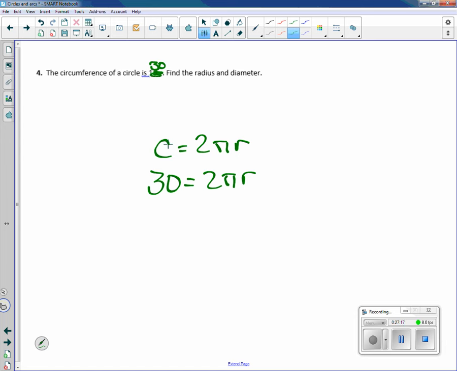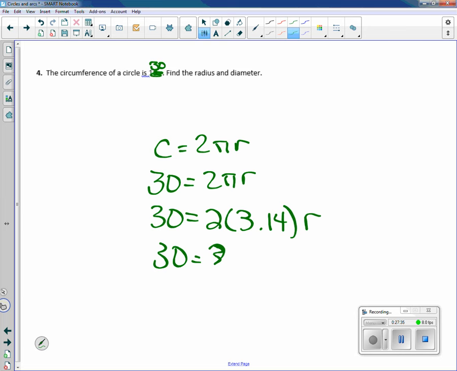But what does pi represent? Can't you tell me what 2 times 3.14 is? What is 2 times 3.14? 6.28 r. Can't you all solve this for the radius now?